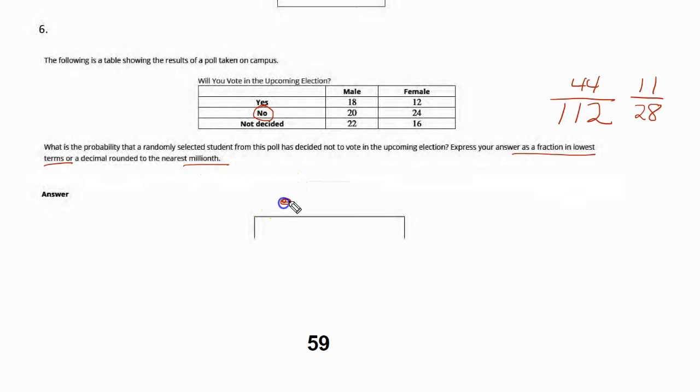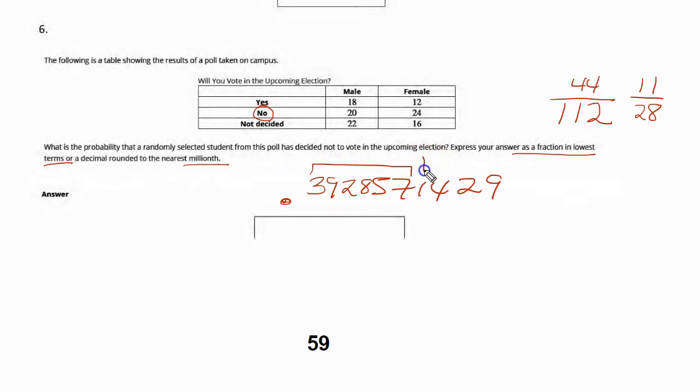All right, when you put that in there, you get 0.392857149. Wow. And millionth. Well, how many places are a millionth? Well, it's 6 places. 1, 2, 3, 4, 5, 6.